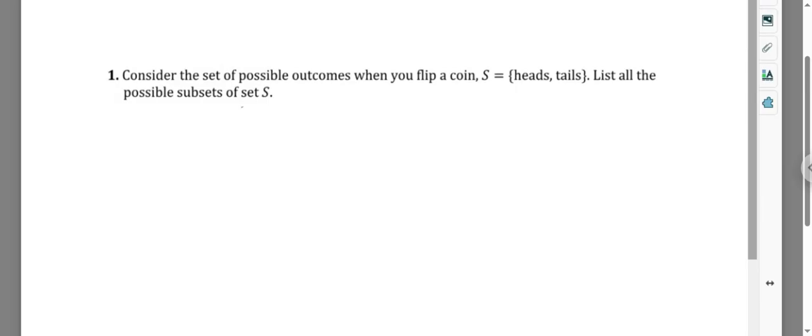So we can start with the original set. Again, possible subsets. So making a distinction between just subsets versus proper subsets. Proper subsets, I would not list that, the heads, tails.